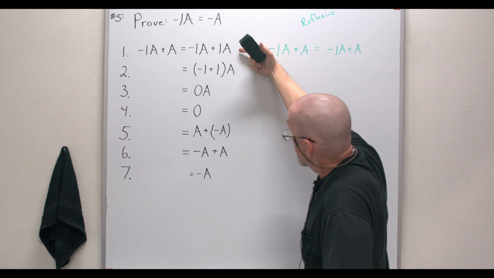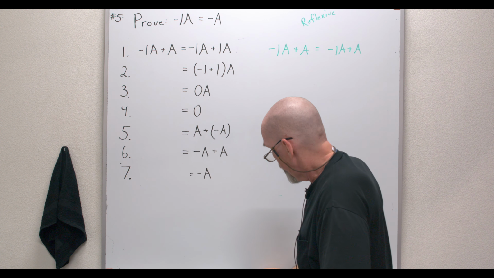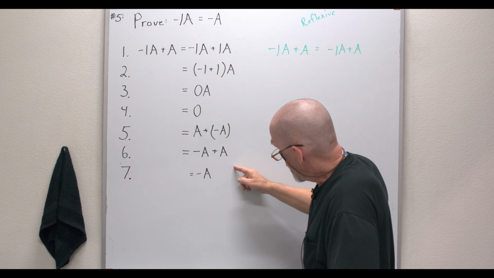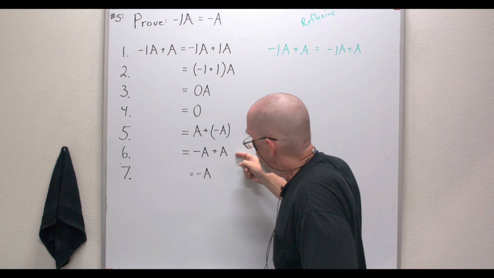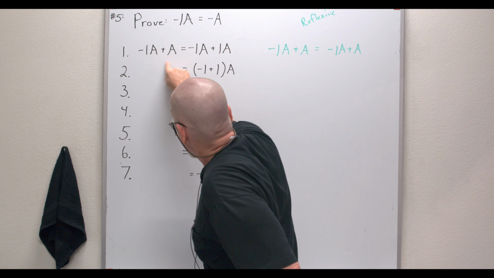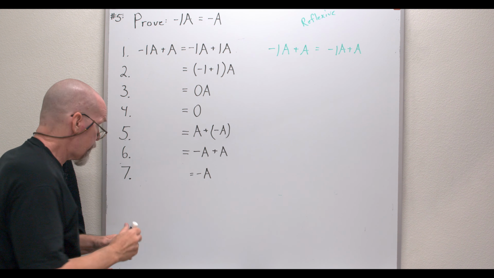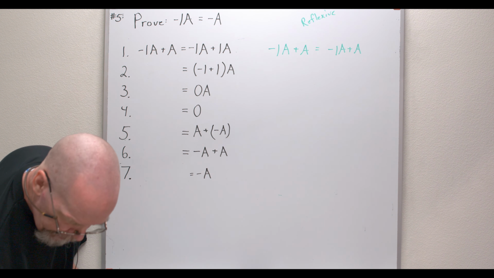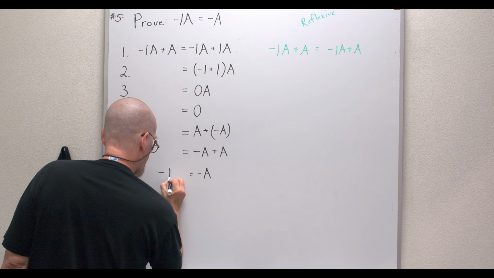From there, they start making their changes to the right side. They're not messing with the left side. So at the end of the day, this thing has to be the same as that thing. And I didn't write down all 7. It was the thing we're trying to prove.